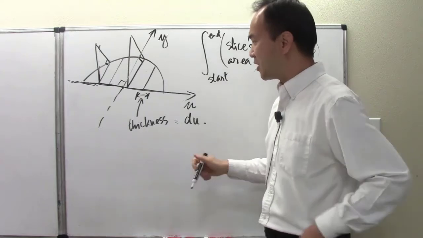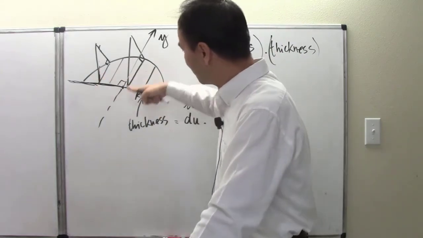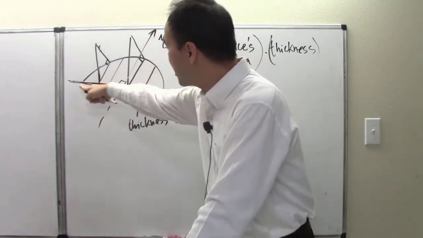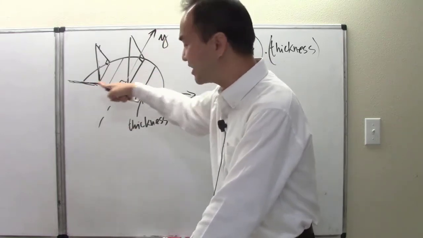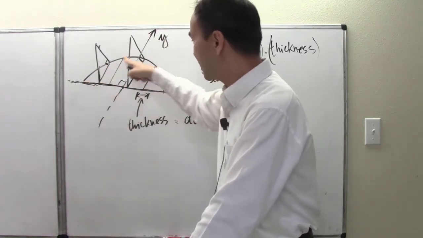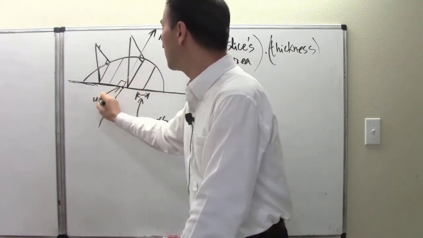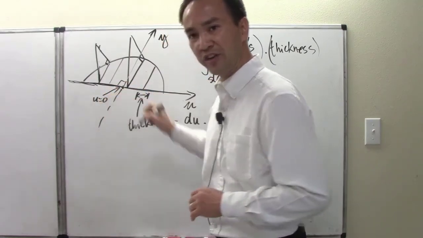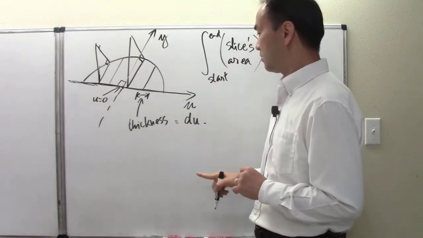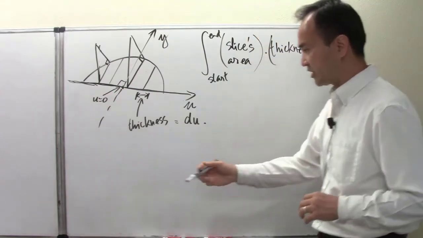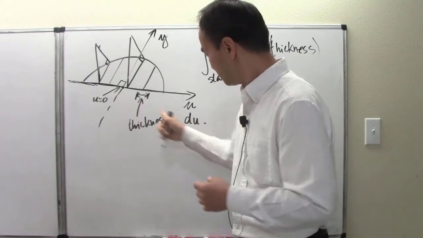In the way I put the vertical axis, the origin between these two axes is aligned with the center of the circle, so this point right here has to be u equals 0 at that origin. Thickness is found this way and makes sense to be du.